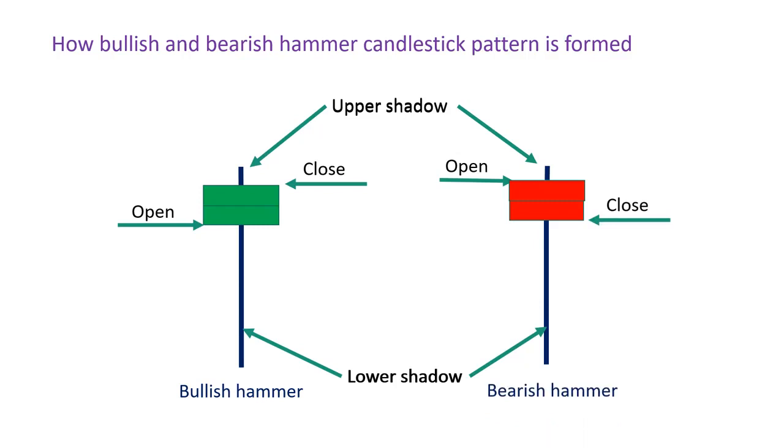So this is a bearish hammer but with bullish power. So both of them have strong bullish power. This is how the bullish and bearish hammer candlestick is formed.